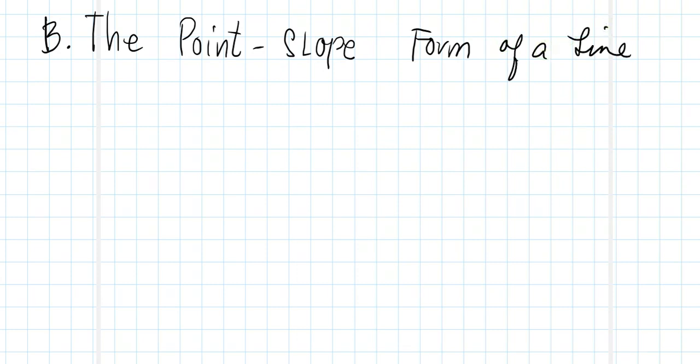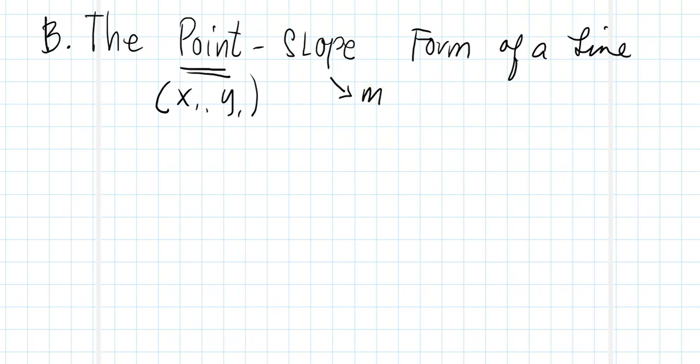The equation of the line passing through the point x sub 1, y sub 1 with the slope m: since we have here the point, this refers to your first x and y, and the slope given is your m.